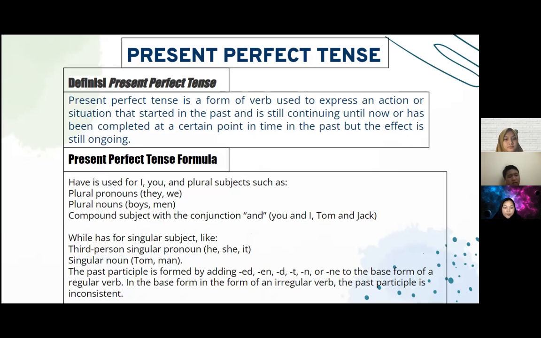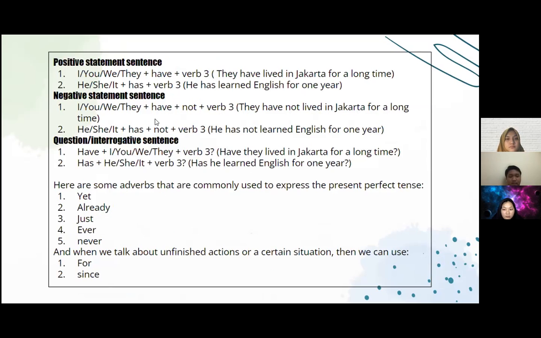The past participle is formed by adding -ed, -t, -n, or -ne to the base form of a regular verb. For an irregular verb, the past participle is inconsistent. Next.